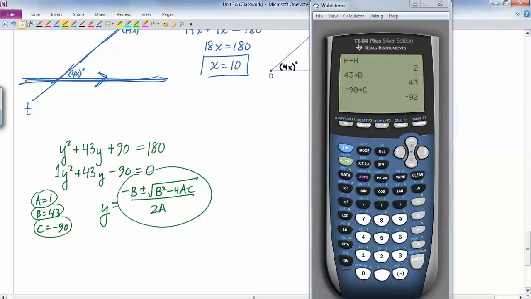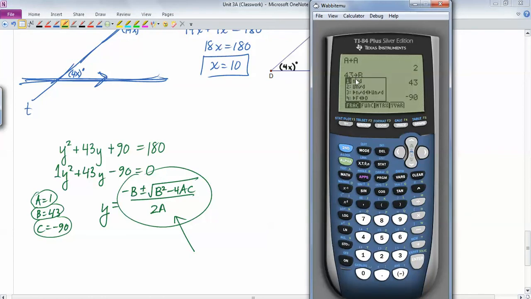Now what I want to do is type this in. Now, the calculator can only do a plus or a minus one at a time. It can't do plus or minus and give you two answers all at the same time. So let's do the plus version first. So if you remember, if I go alpha f1, I can get that fraction. So I'm going to do negative, whoops, I must have hit something by accident.